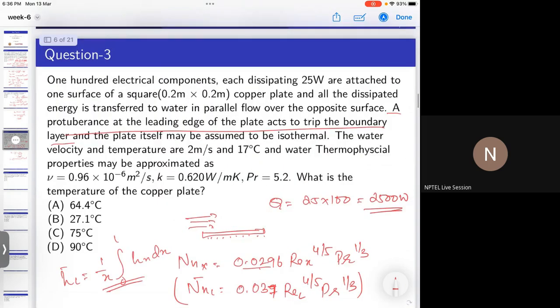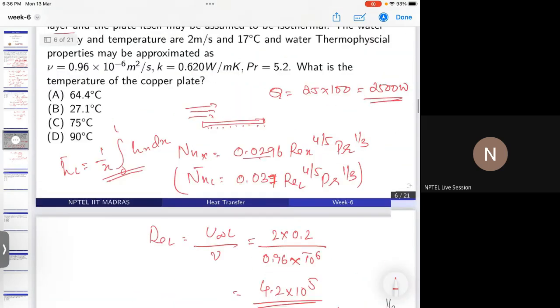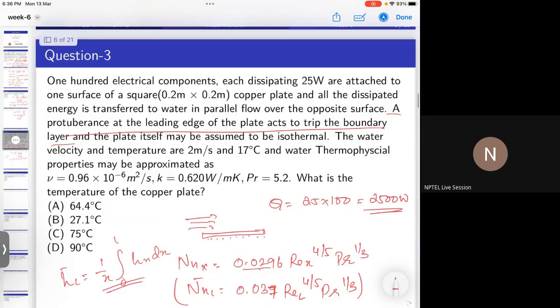I think the Prandtl number is 5. So the k is already given. k is 0.62 and L is 0.2.